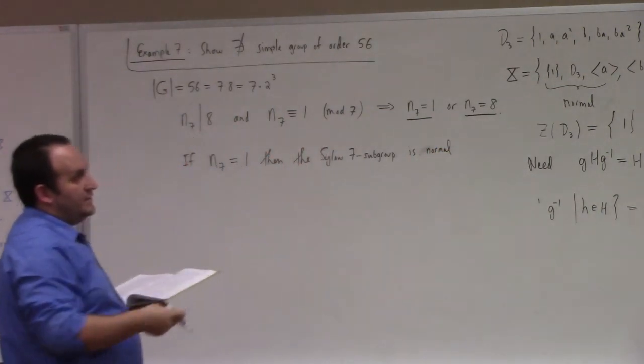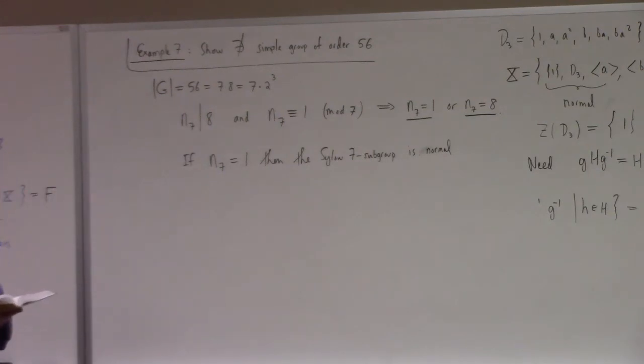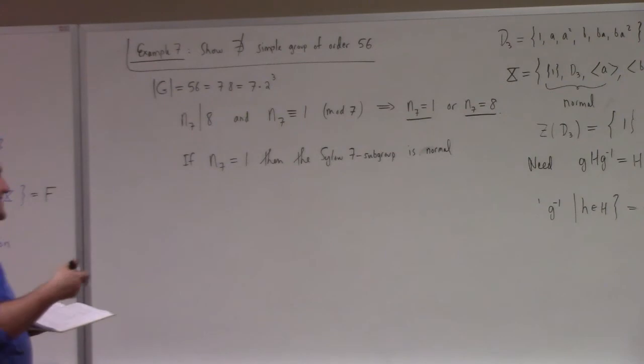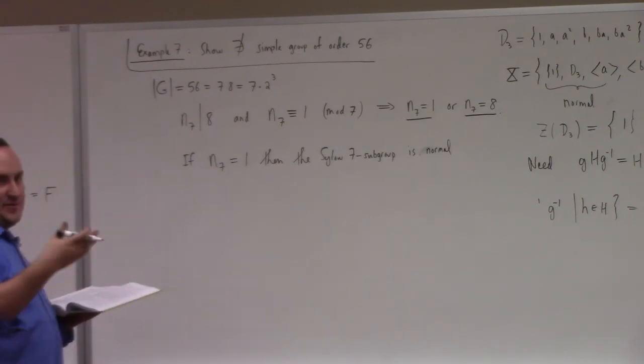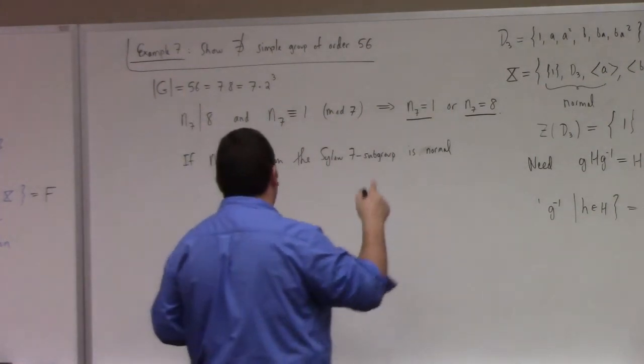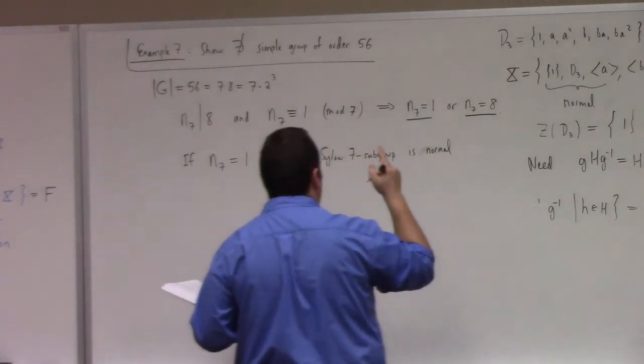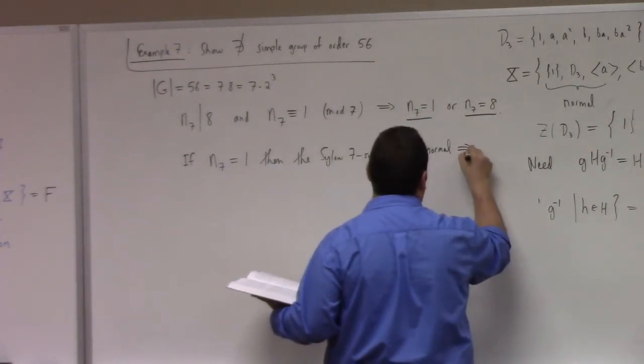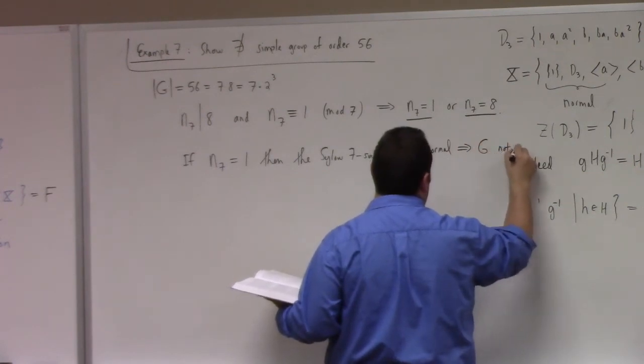In D3, the cyclic subgroup generated by A is normal because that's the unique Sylow 3 subgroup. In contrast, B, BA, and BA squared are not normal because they're not unique. There's 3 Sylow 2 subgroups there. But if there's 1, then that's normal, and that would imply G is not simple, right?